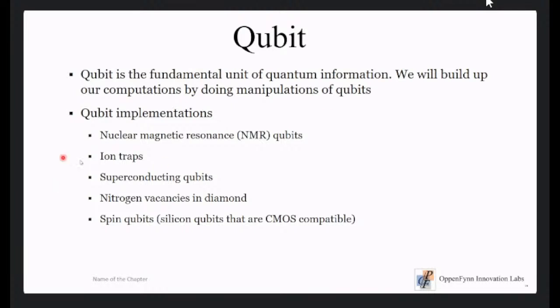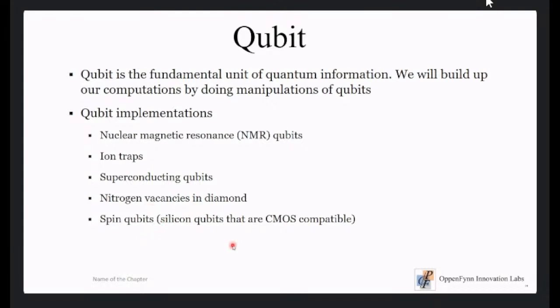Qubits can be implemented in various ways. A couple of examples that we saw used a photon. The current, probably leading, technology is superconducting qubits, but there are various ways to do it. You can have nuclear NMR qubits, you can use traps as qubits, there are nitrogen vacancies in diamond that can be used as qubits, and even electrons, so the electron spin can be used as a qubit.